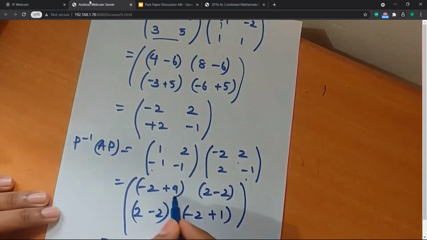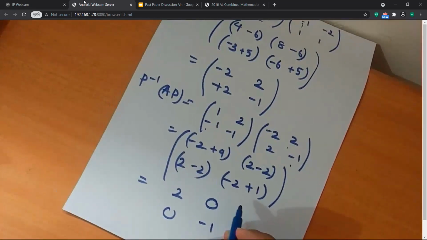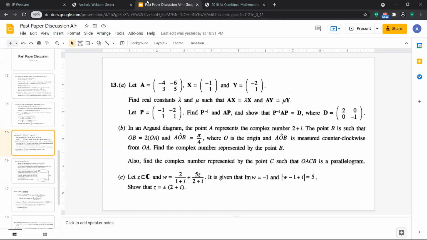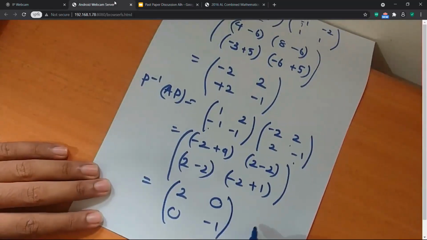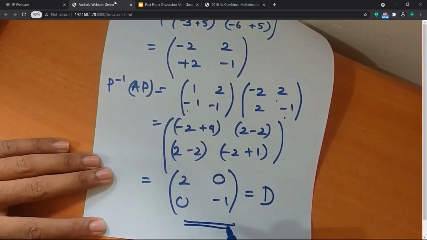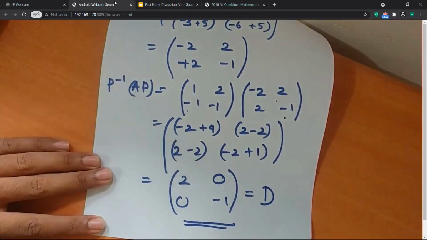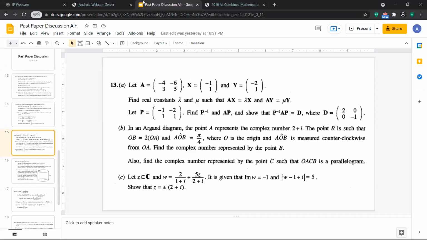So -2 plus 4 is +2. 2 minus 2 is 0. 2 minus 2 is 0. -2 plus 1 is -1. So this is the answer we need. This is equal to D. Not that difficult, I think. Do you get it?